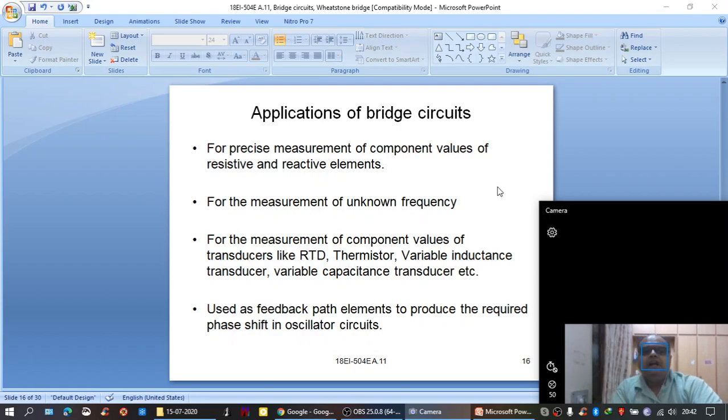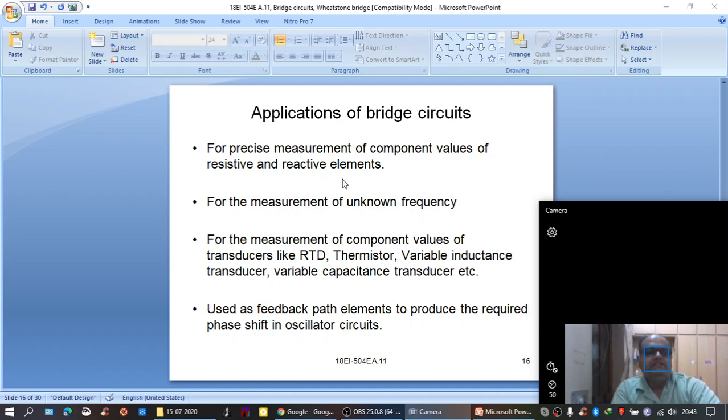Next, applications of bridge circuits. Before going to the study of one of the DC bridge circuits, let us see what are the generalized applications for bridge circuits. First one, for precise measurement of component values of resistive and reactive elements.